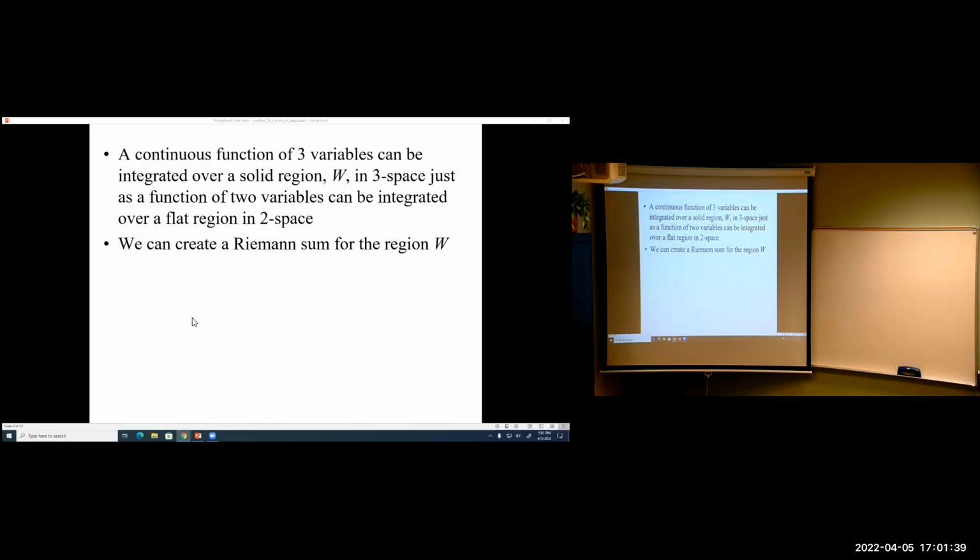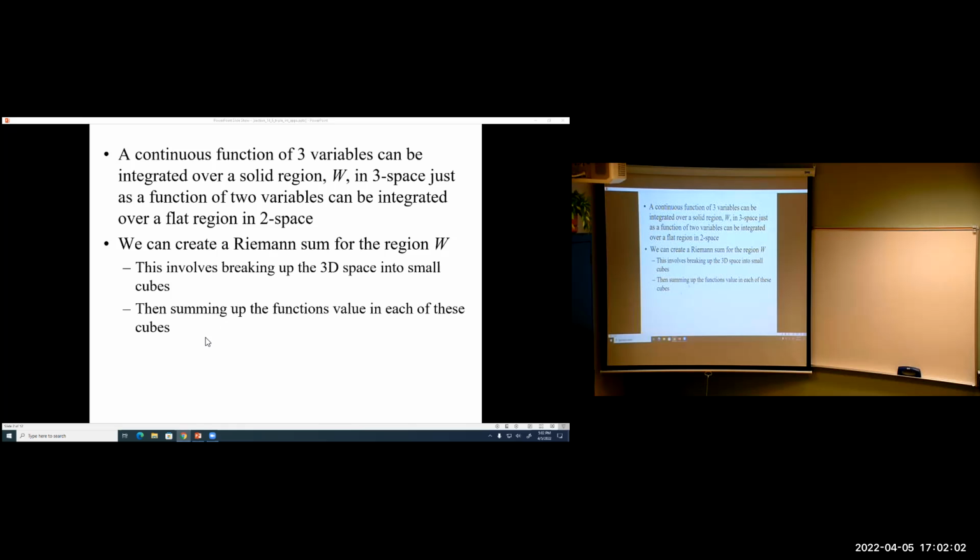Basically we do the Riemann sum, the same thing you did all the way back in Calc 1, where you broke it up into rectangles. Last time we talked about breaking it up into rectangles in the 2D plane, and those had columns on top of them. Now we break up the region into some three-dimensional blocks.